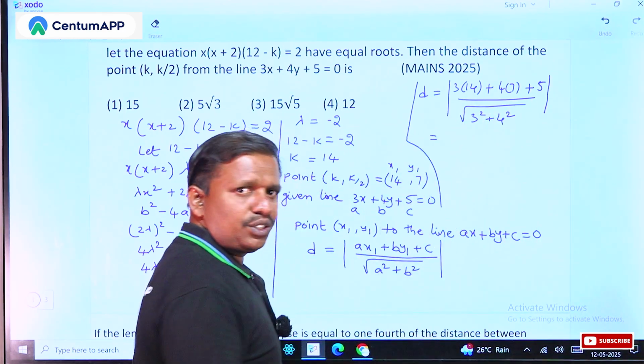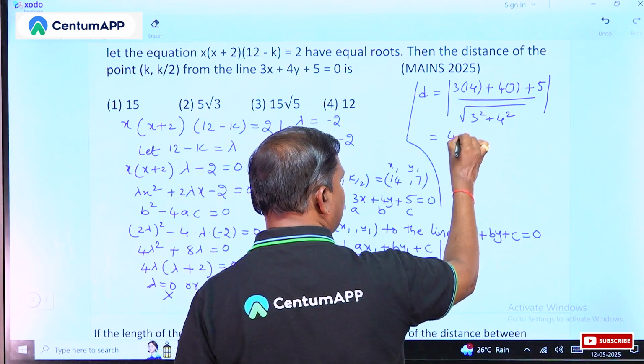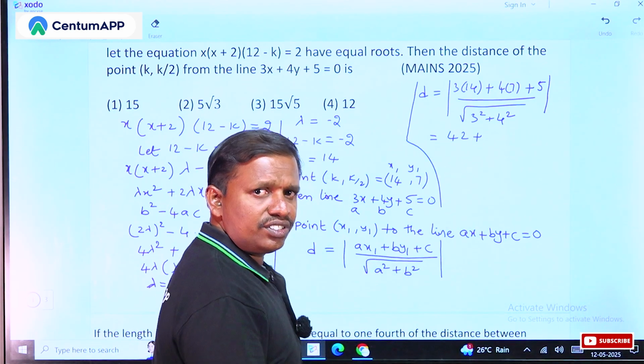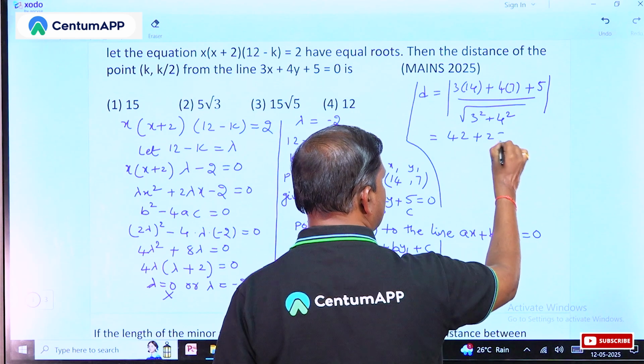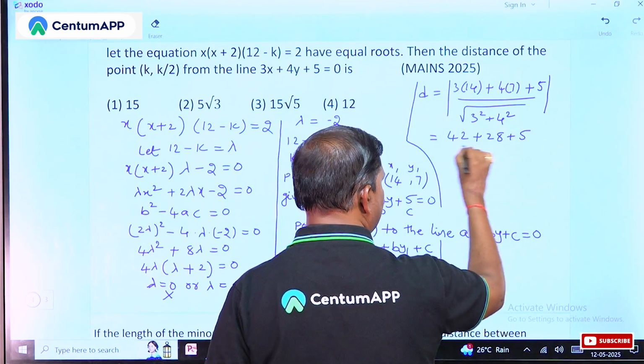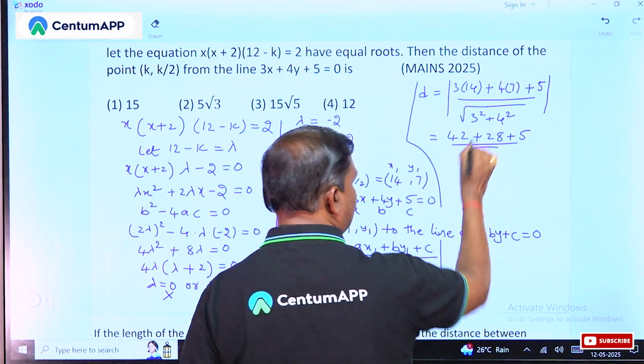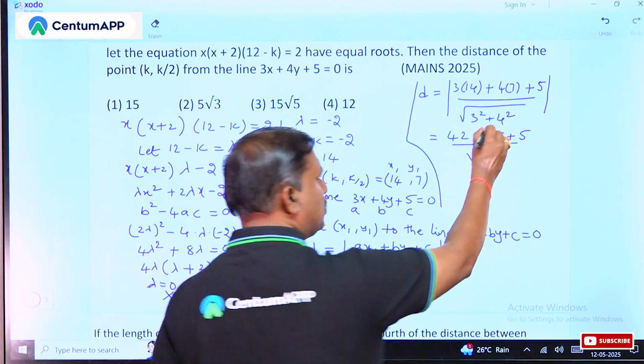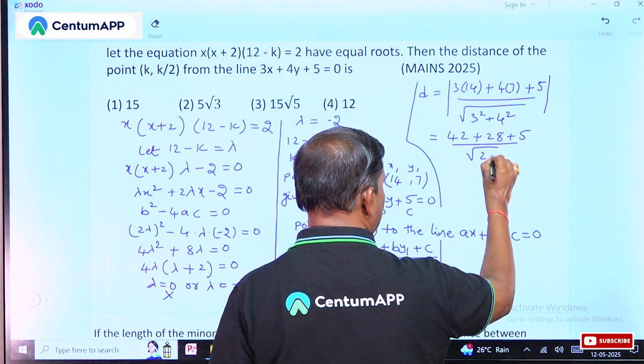Distance d is equal to 14 3's 42, plus 4 7's 28, plus 5, by root of 9 plus 16, 25.